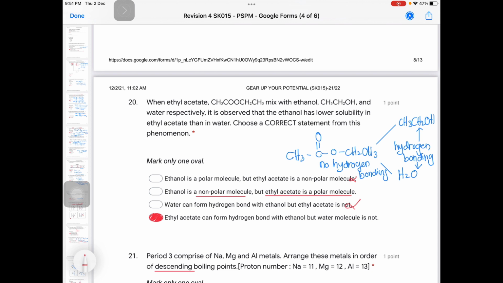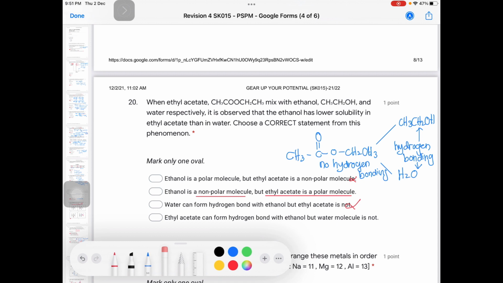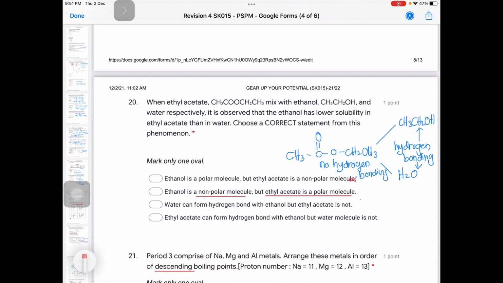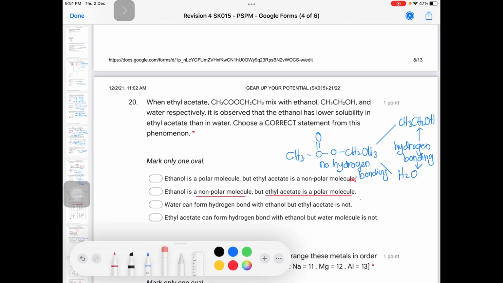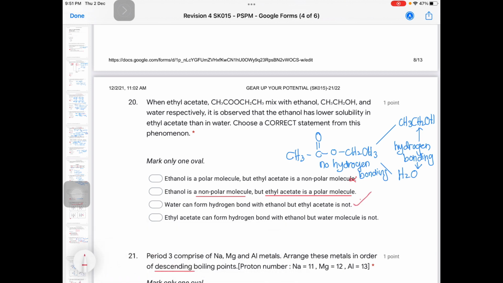Water can form hydrogen bond with ethanol, but ethyl acetate cannot. Sorry, actually the answer is option 3. So the answer is C. Pardon my mistake.